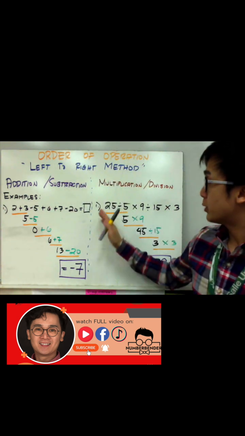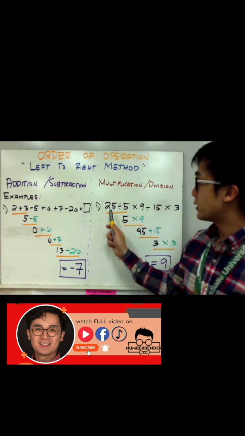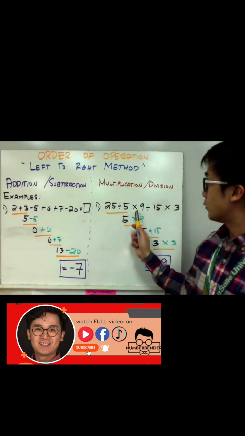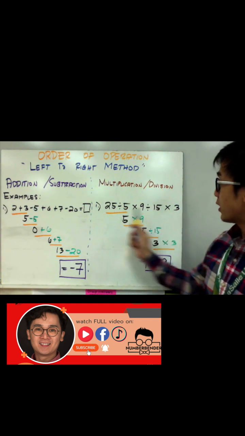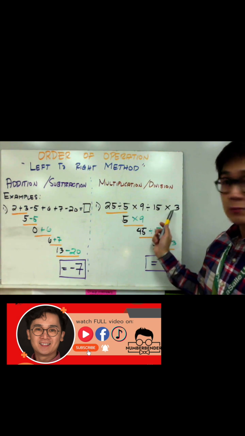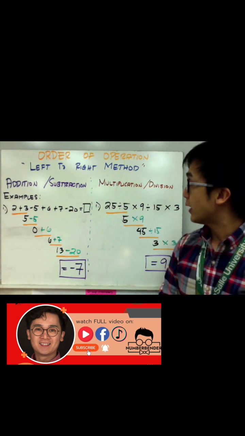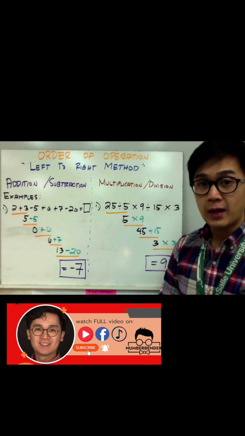Now for example number 2, for multiplication and division, if you will notice, I only have division and multiplication in my problem. So if I have 25 divided by 5 times 9 divided by 15 times 3, I don't need to think about PEMDAS. All I need to do is to perform my operation from left to right.